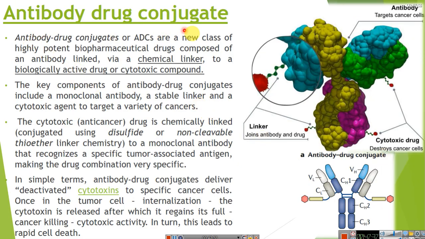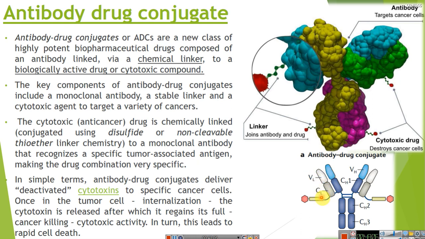Now antibody drug conjugates. See, through a chemical linker, a drug can be conjugated to the antibody molecule. Okay, you know that the antibody Fc region binds to the Fc receptor, and the whole antibody can be internalized through endocytosis in a way similar to receptor mediated endocytosis, right?